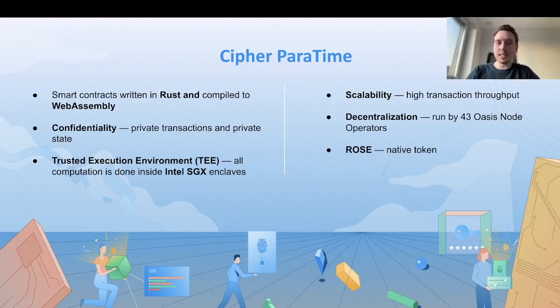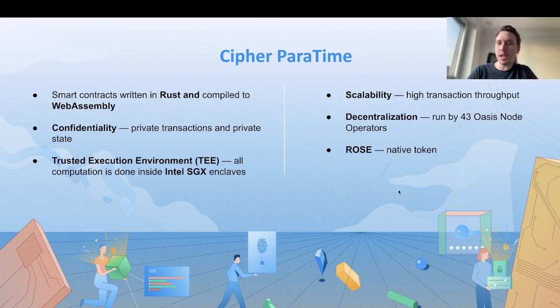Sometimes we just want to present, okay, this is a black box, whatever goes in is processed, but we don't want to expose who owns some address or who is the owner of something, right? So we keep that private, and this is confidential inside the Cipher ParaTime.